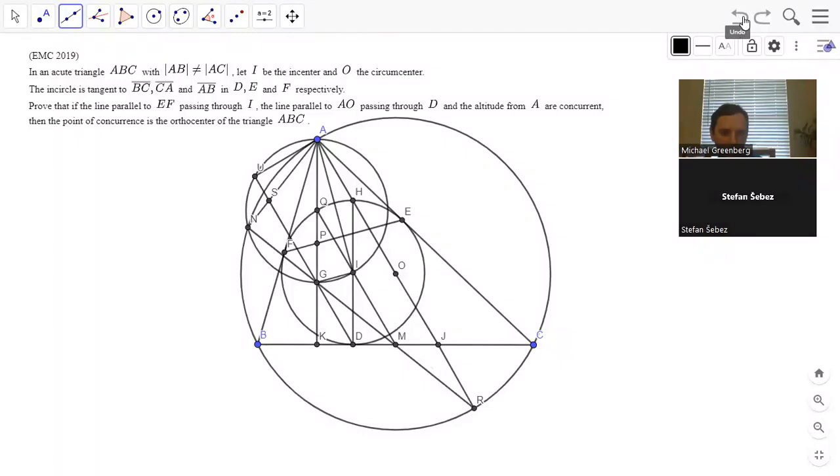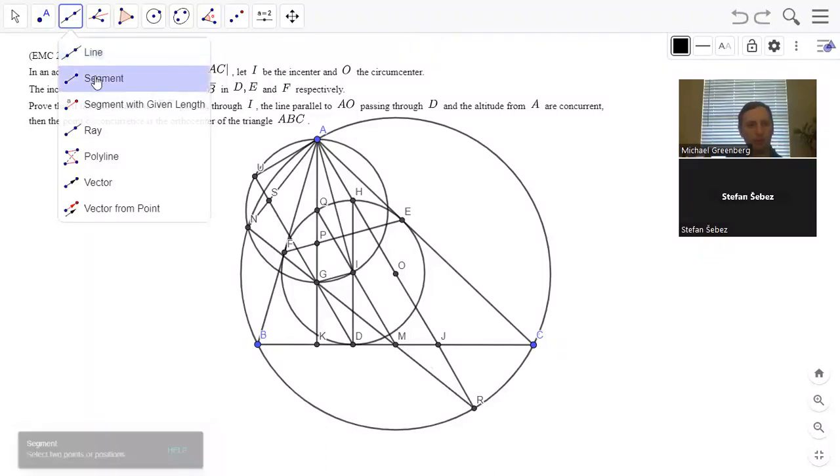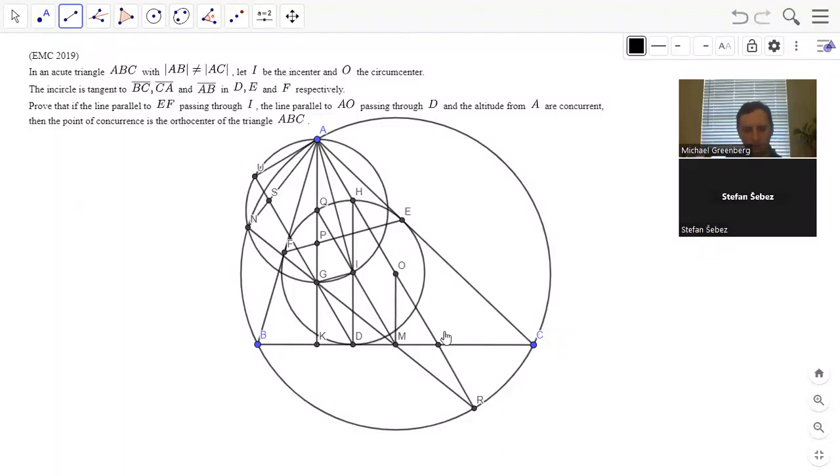The problem condition is equivalent just to ID bisecting AO. ID bisecting AO? Yeah. Okay, so that would mean that D is the midpoint of KM.